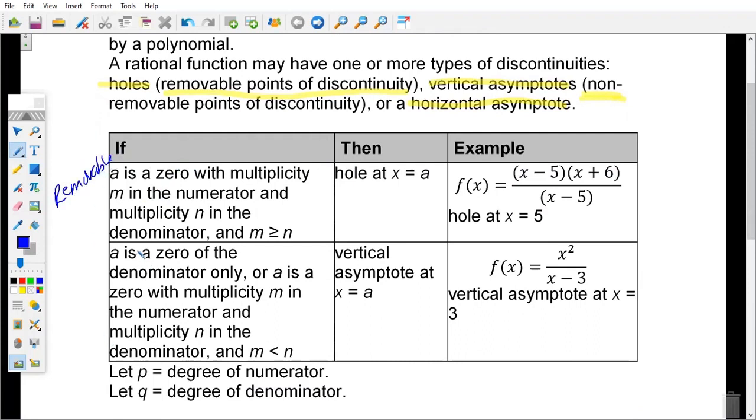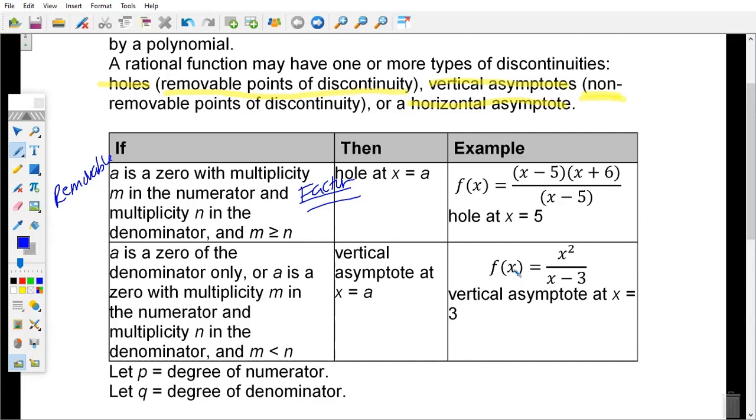okay? And how do you know if you have a removable discontinuity? The way that you know, basically what this is saying is if you factor the numerator and denominator, and they have a common factor, then that's where your removable discontinuity is.